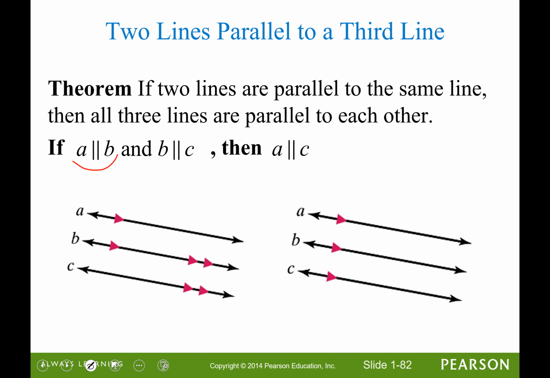If this single arrow mark is there and the double mark is there, then we can say that line A is parallel to line C. So with this set of markings and this set of markings, we're allowed to say that the three lines are all parallel to each other.